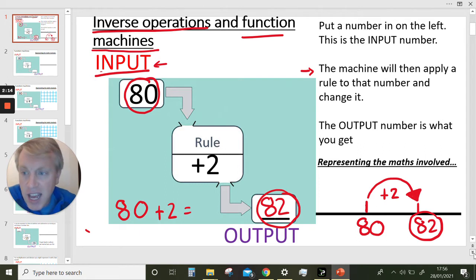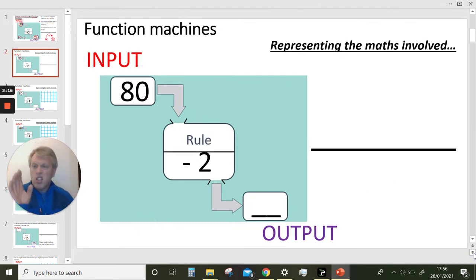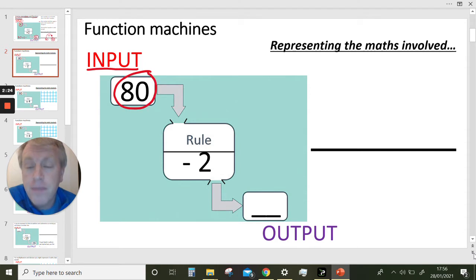Okay, so not too hard. I hope we're getting the idea. We'll do one or two more straightforward ones. Remember how a function machine works. Here's the input number, 80. This time the rule is take away 2. So we represent it: we know the input number is 80.